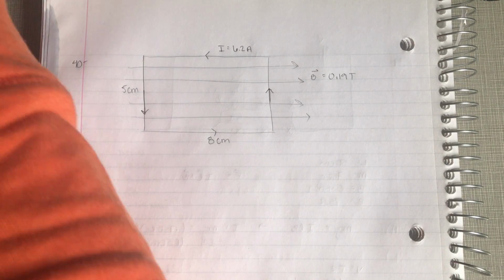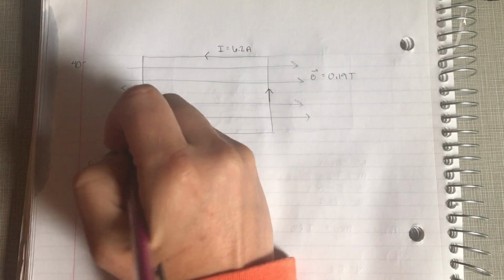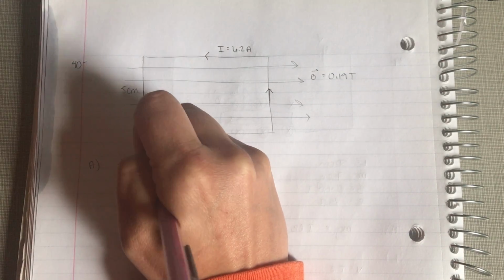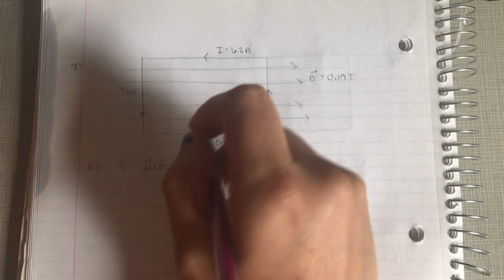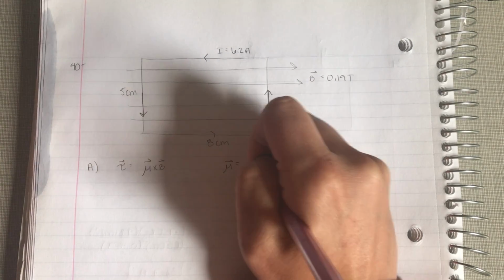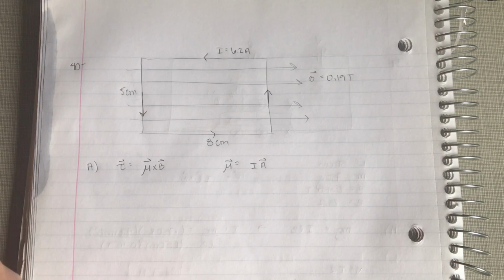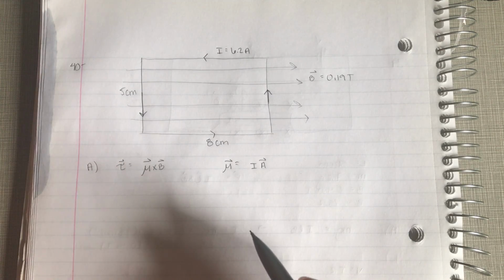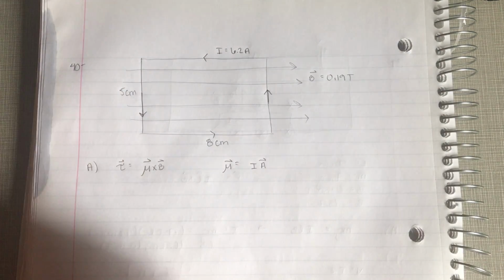So for part A, what torque is on the loop? So torque is given by mu cross B, where mu is our magnetic moment and mu is equal to I times our area vector. Our area vector, just like with Gauss's law, comes out perpendicular to the surface.